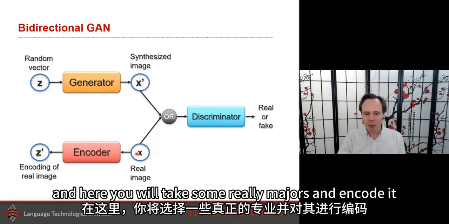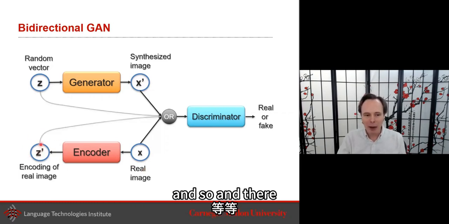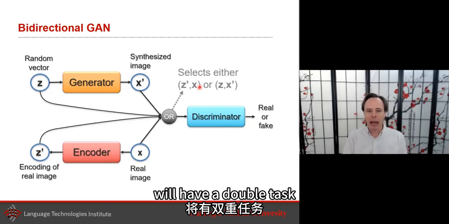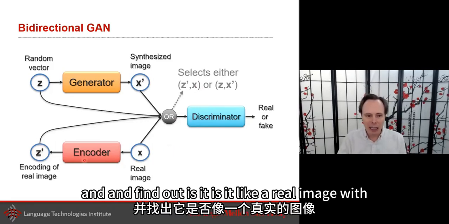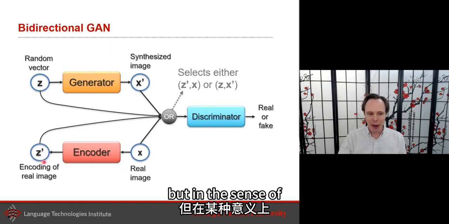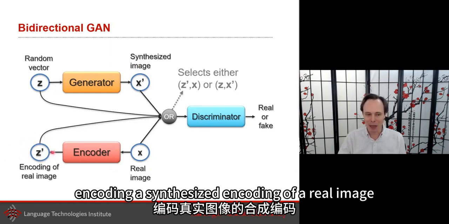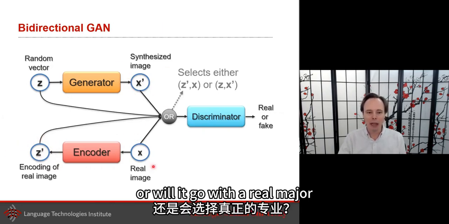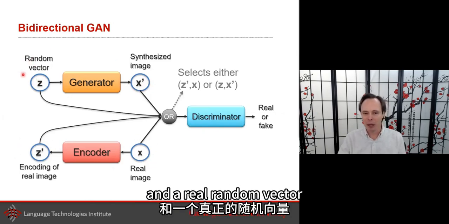And here you will take some real images and encode them. What is interesting is that the discriminator will have a double task: find out whether it is a real image with a synthesized encoding, so a synthesized encoding of a real image, or a synthesized image with a real random vector.